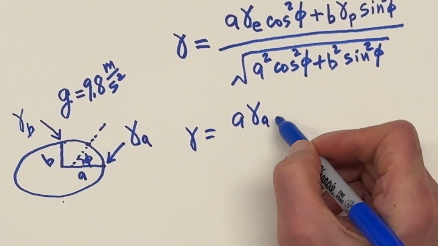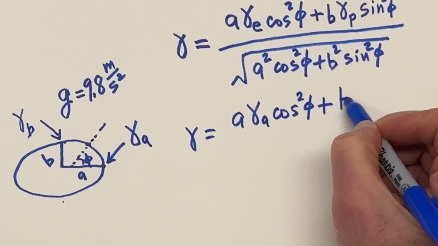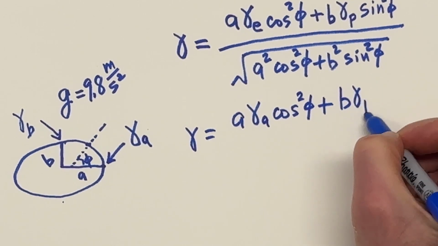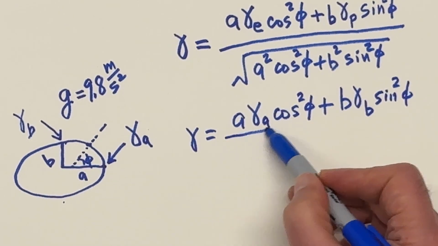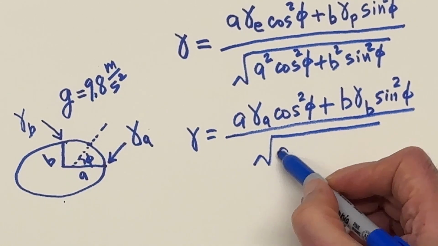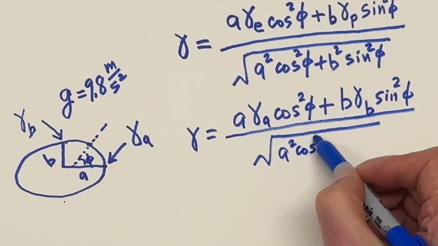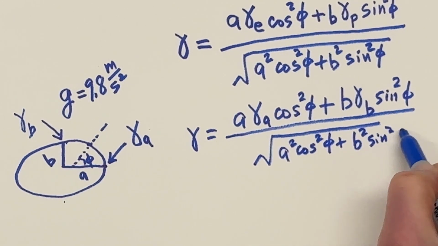Might be easier to remember. So you have cosine first, and then you have the gamma B, and then you have the sine squared second. And then we're dividing by the square root of a squared cosine squared phi plus b squared sine squared phi.